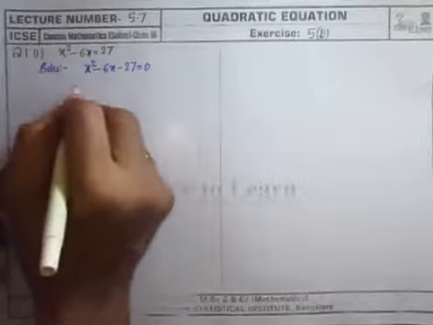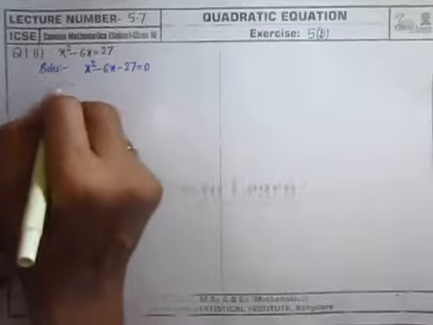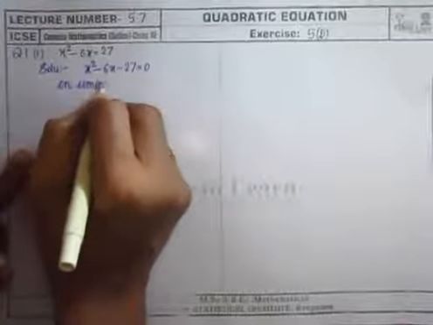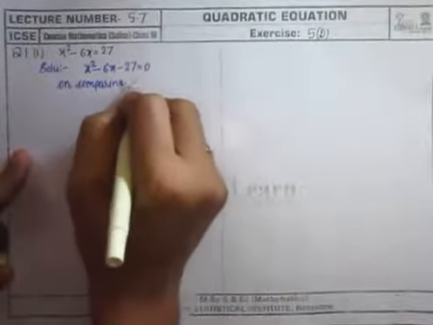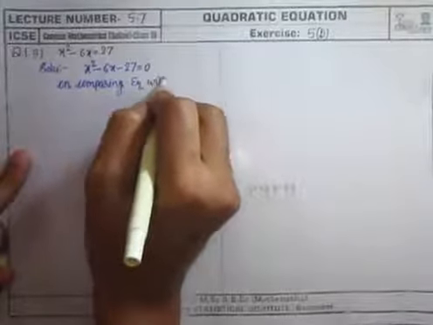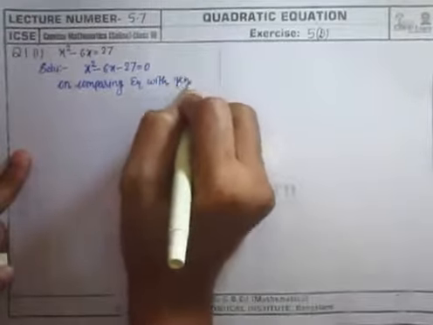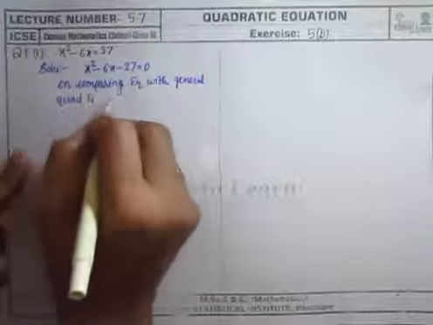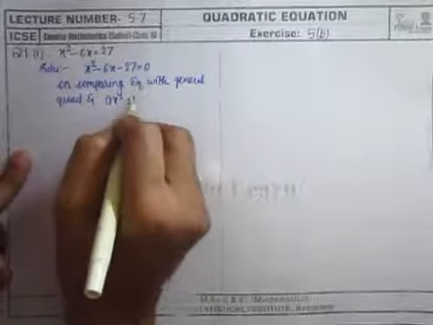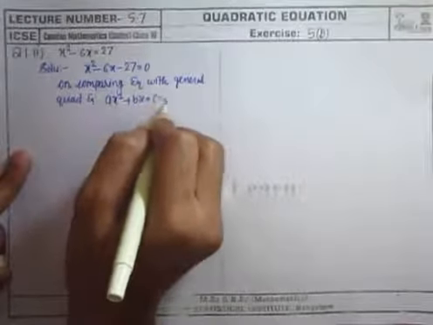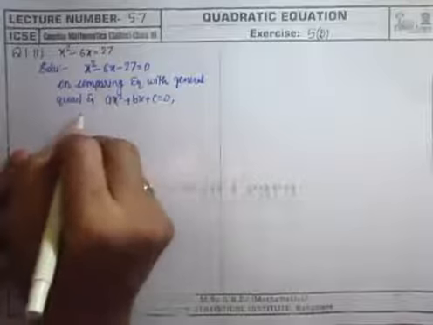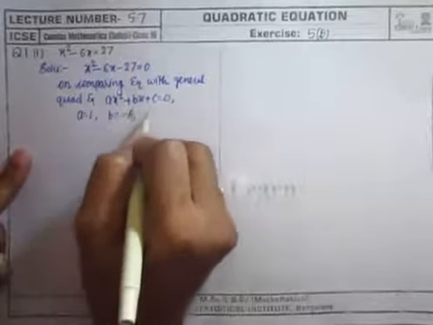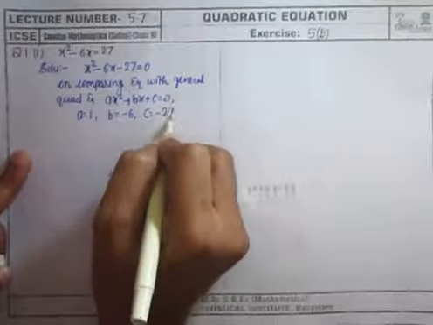Now comparing this equation with the general quadratic equation ax square plus bx plus c equal to 0, a will be 1, b will be minus 6 and c will be minus 27.